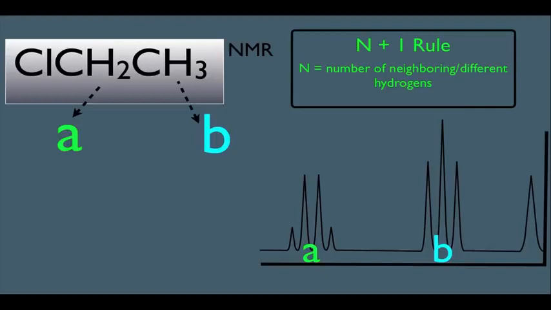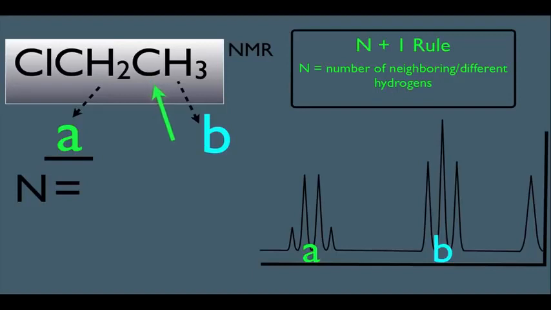Let's start with the A-type hydrogen. What we want to do is first calculate its N value. And here's how we do it. Notice right here are the A hydrogens. They are directly connected to this carbon right here, which means this carbon over here would be what we can call the neighboring carbon.